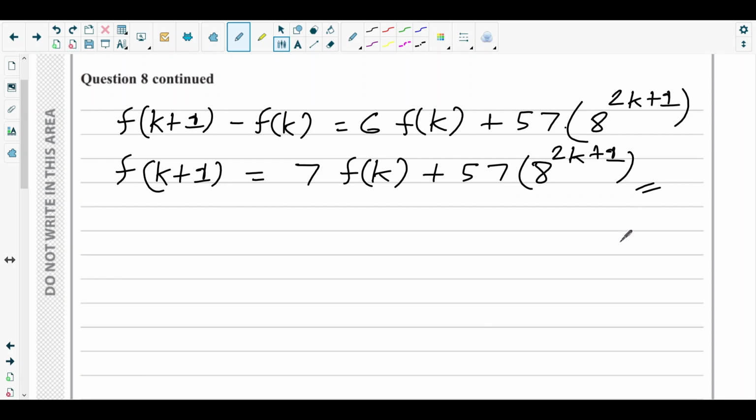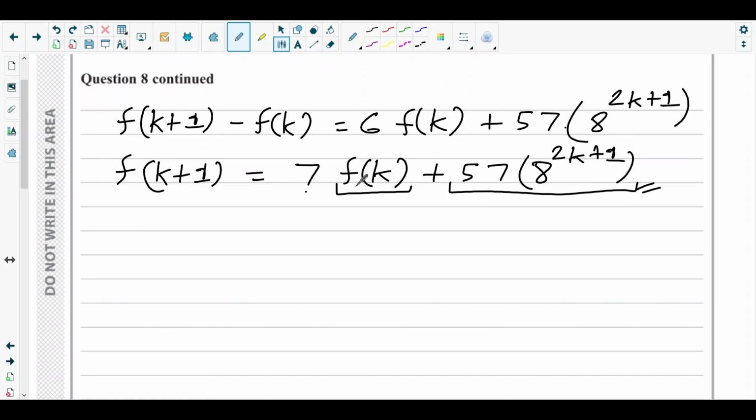Look, this is a 7 multiple of f of k plus 57 times 8 to the power 2k plus 1. So definitely 57 times 8 to the power 2k plus 1 is a multiple of 57. And if f of k is a multiple of 57, then 7 times a multiple of 57 is definitely a multiple of 57. So a multiple of 57 plus a multiple of 57. So definitely f of k plus 1 will be a multiple of 57 if f of k is a multiple of 57. That's what we have represented here.